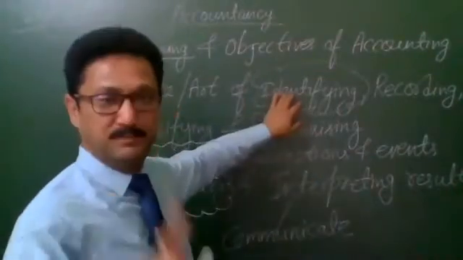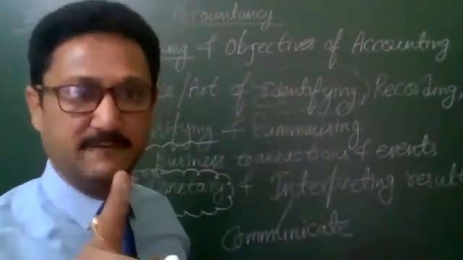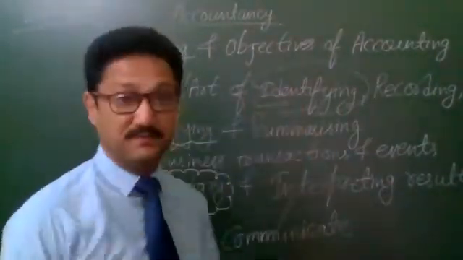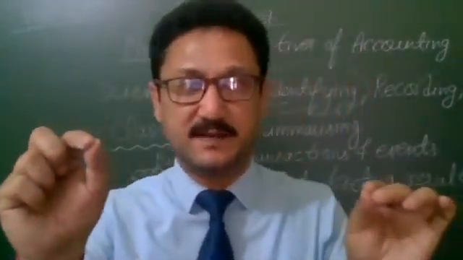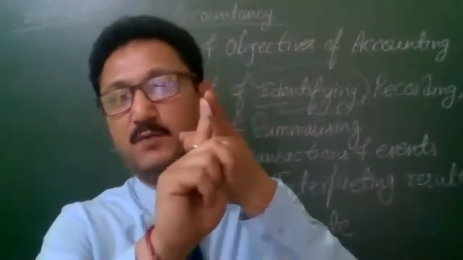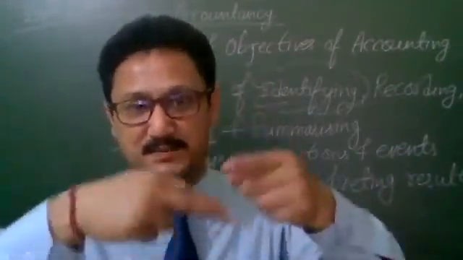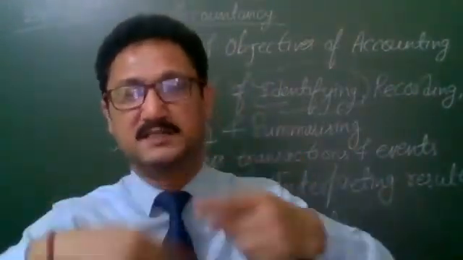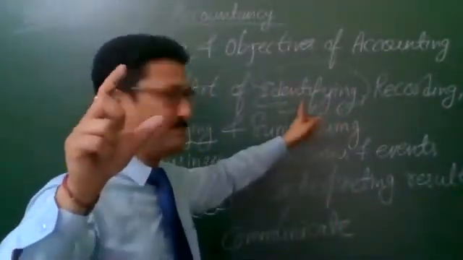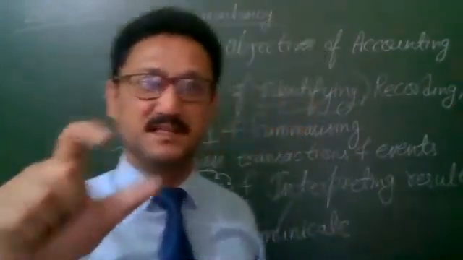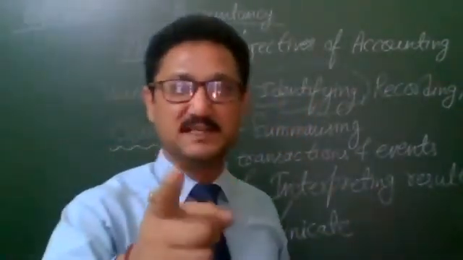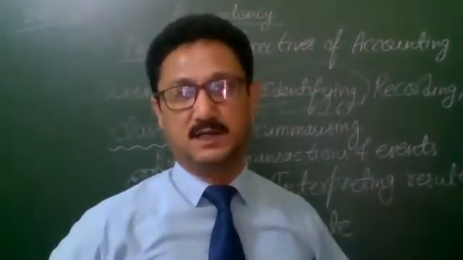So first step in the process of accounting is to identify the business transactions. The first step you will note down in the form of steps. All the steps should be in the same order, serial order. The first step is to identify whether a transaction is a business transaction or not, whether it is monetary in nature or not.